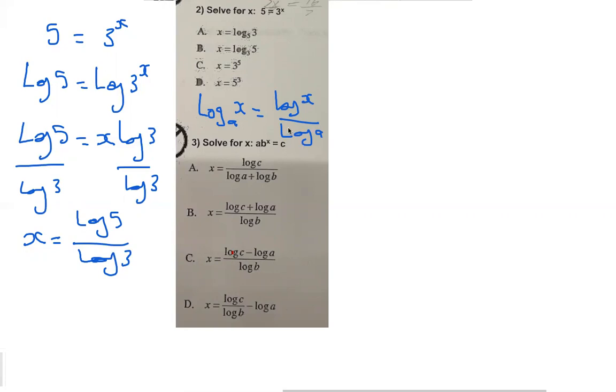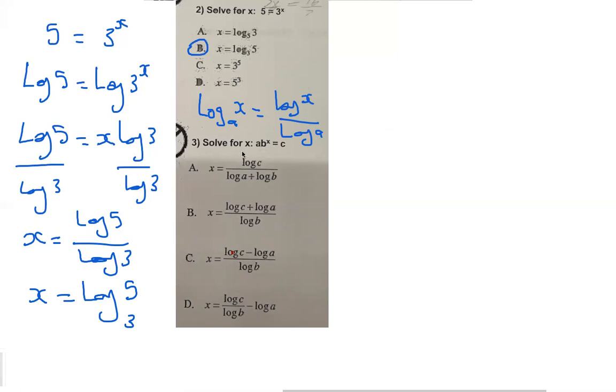In this situation, to get the answer, you have to go from this form to that form. So x would equal log base 3 of 5, with 3 being the a and 5 being the x. That's what we did, and therefore this will be B for your answer.